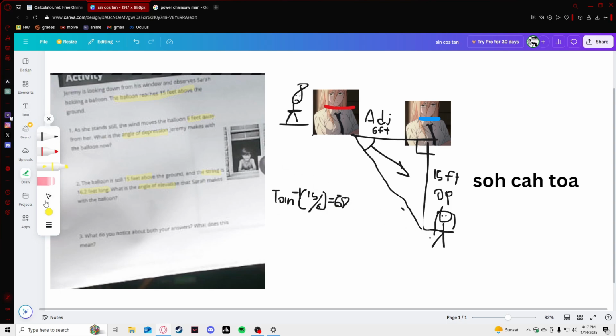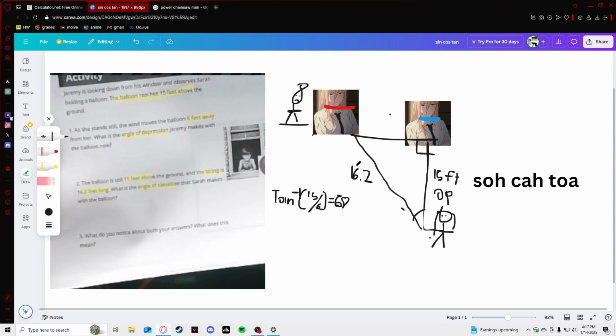Because it doesn't say this anymore, and we also know that it's the angle of depression now, we can just remove all this, flip this, bring it down here. So it restates again that the line is 15 feet, but we also get our second number, which is 16.2.